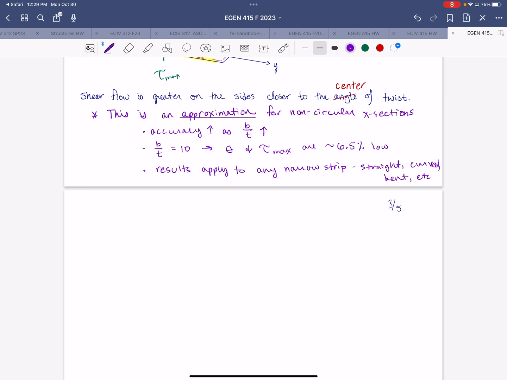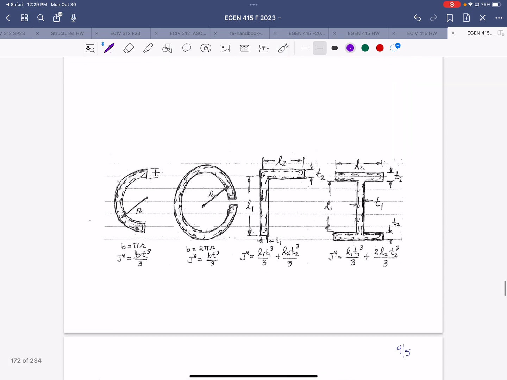Okay. So on the next page, there's a handout that shows some values that are applicable to certain types of thin-walled open shapes. We specifically have the value for b, which basically represents the length of the segment versus the thickness.